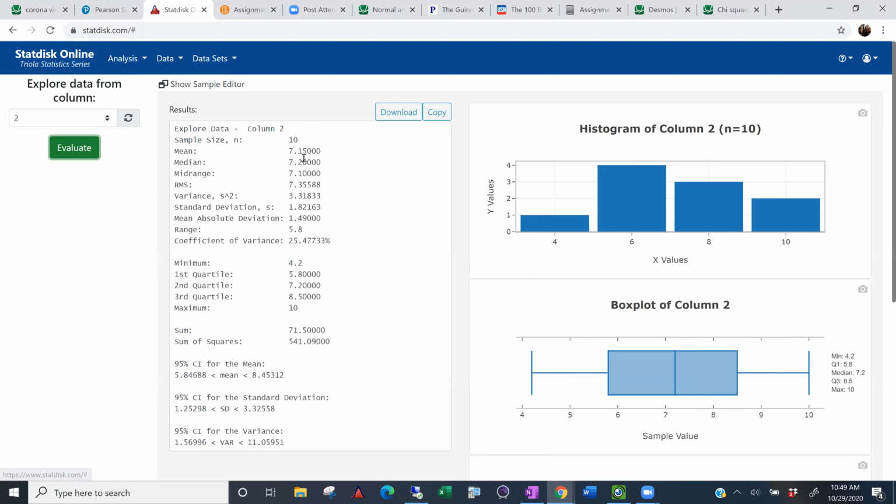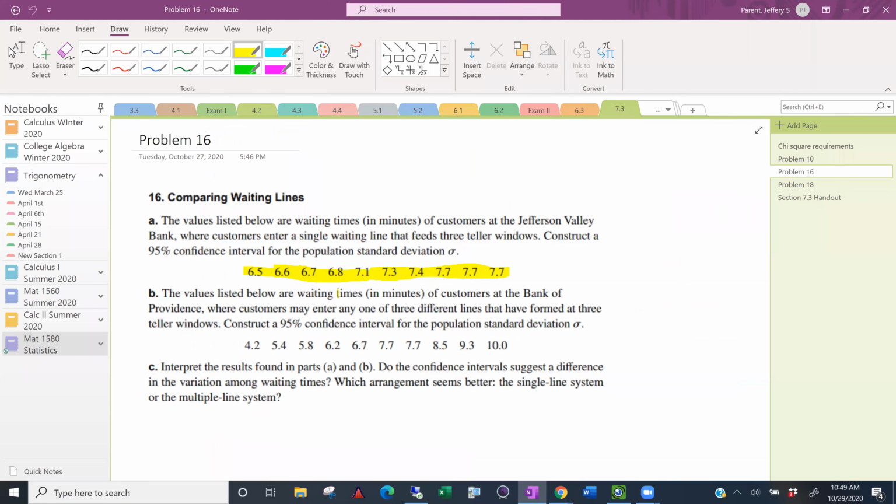But is that the only consideration here? What they want you to do is create a confidence interval for both of these. We'll start with the first bank, where you have a single line that feeds 3 different teller windows. Compare that to standing behind somebody who's waiting for the next teller. That's the difference here.